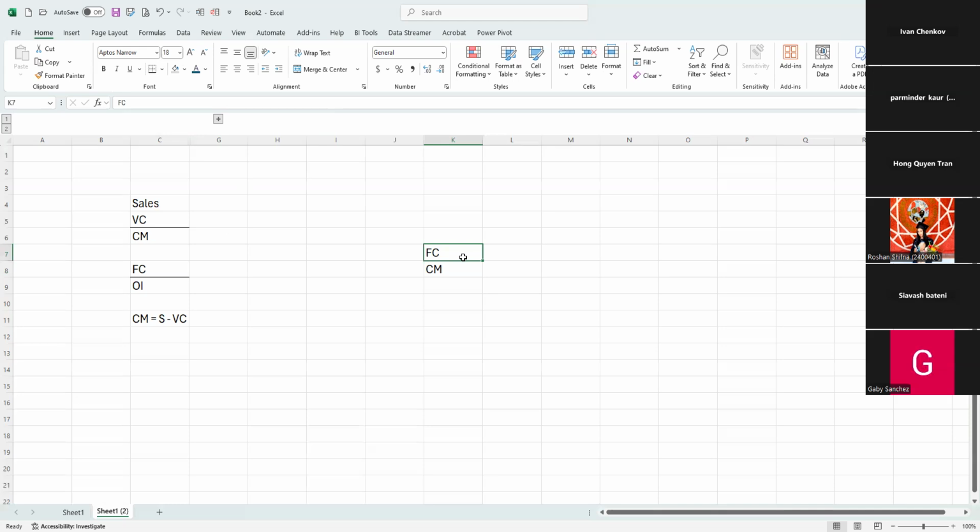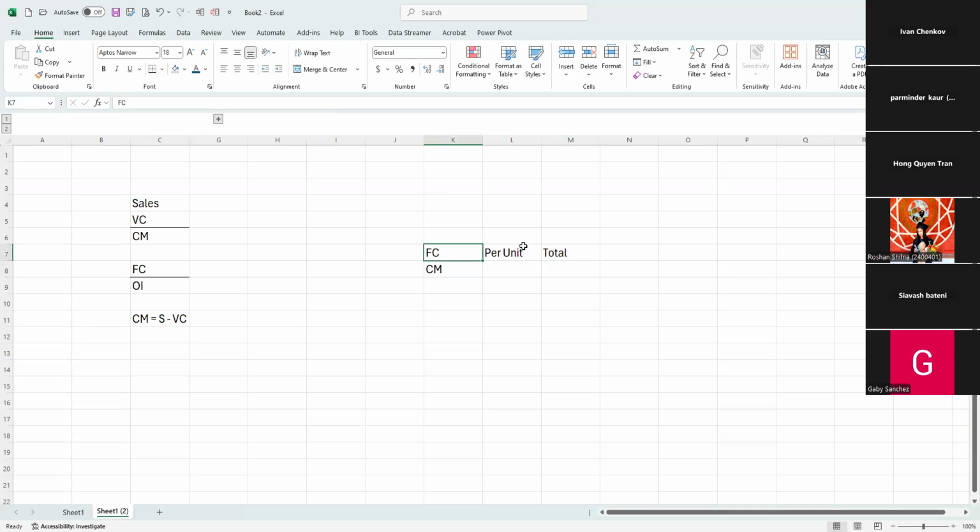Make sense? Yes. So a fixed cost is total, but contribution margin can be in total and can be per unit. So you see how many options I have for contribution margin. On the fixed cost, I have only two options. Fixed cost can be per unit and in total.